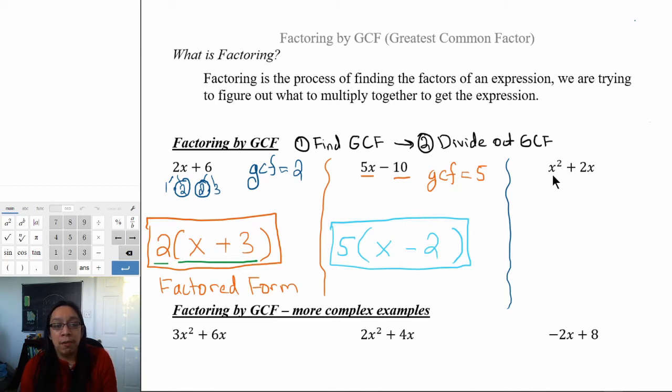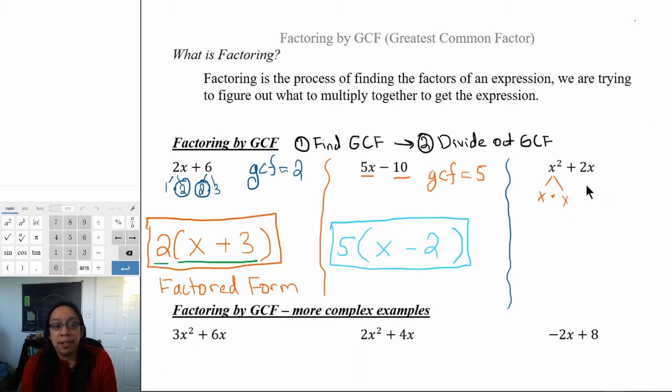What you want to try to do now is find the GCF of the variables x squared and x. Just like how you would find a common factor for the coefficients, these numbers, you also want to approach it the same way with the variables if it helps you think about it in a certain way. So for example, x squared can be split into x times x.